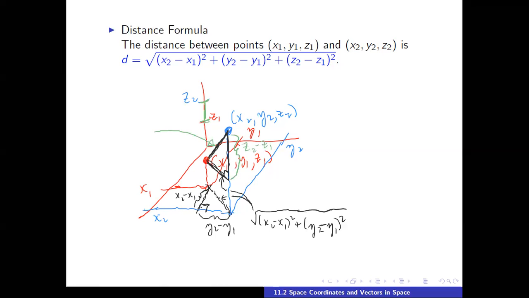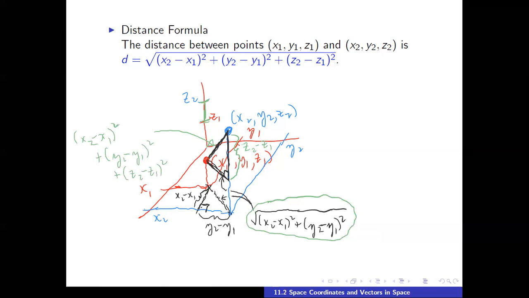But if I square this guy, hello, what's going to happen? What if I square that? The square root simply goes away, yeah? And so I would add the square of that to the square of z2 minus z1, and I would just end up with x2 minus x1 quantity squared, the square root's simply going to go away, plus y2 minus y1 quantity squared, plus z2 minus z1 quantity squared.